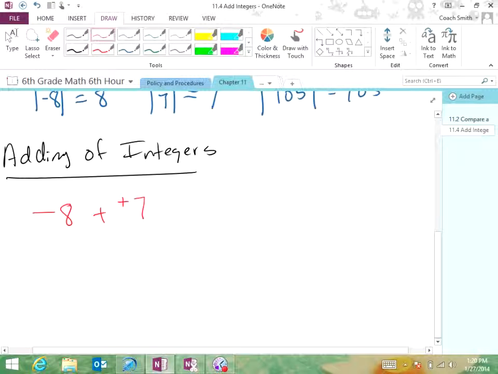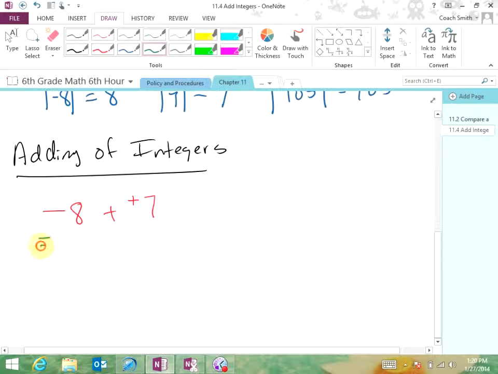Now, what I want you to think about is this. If we think of -8, well, that's just like 8 negative signs. If we think of +7, that's like 7 positive signs.